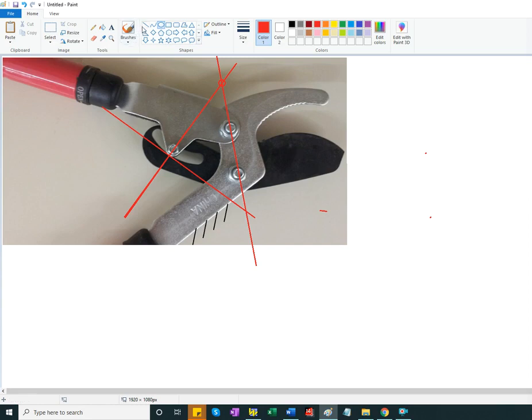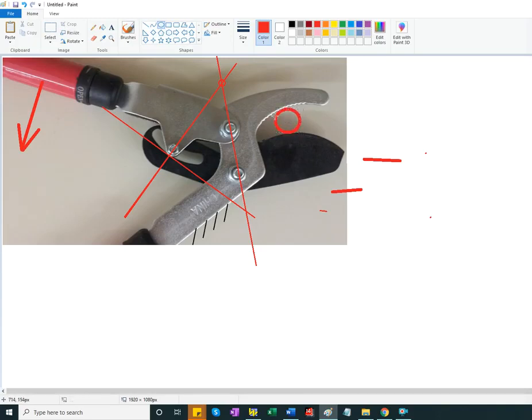And I could assume a force, an operator force, and I could assume this to be at the length of the arm, so I would be able to measure the distance from the point of application to where I'm interested in. And then I can also assume that I'm cutting some branch.